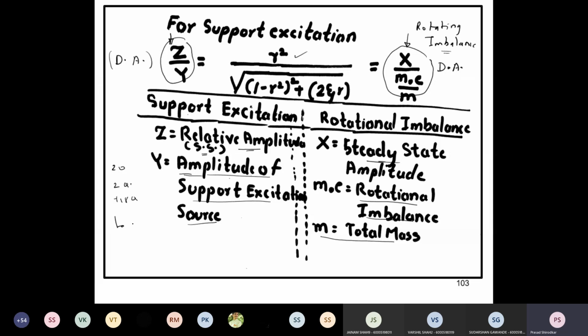That is for f equal to f0, for 3 cases. Case 1 where it is directly attached to the mass, case 2 where it is rotating imbalance, and case 3 is support excitation.